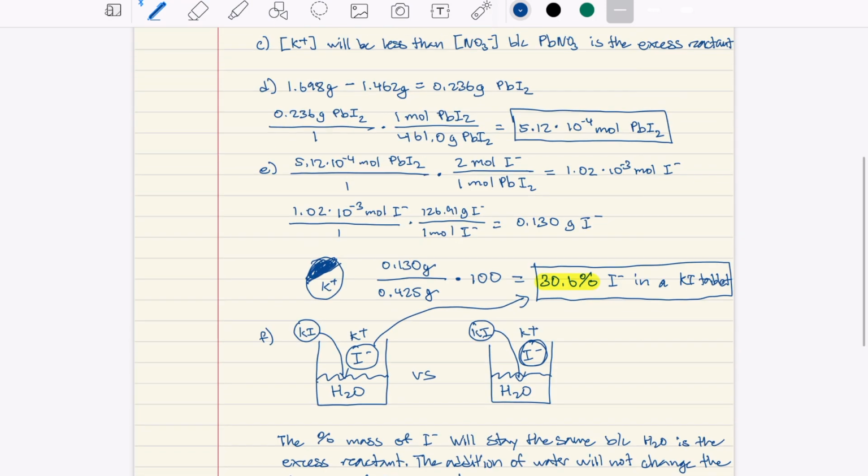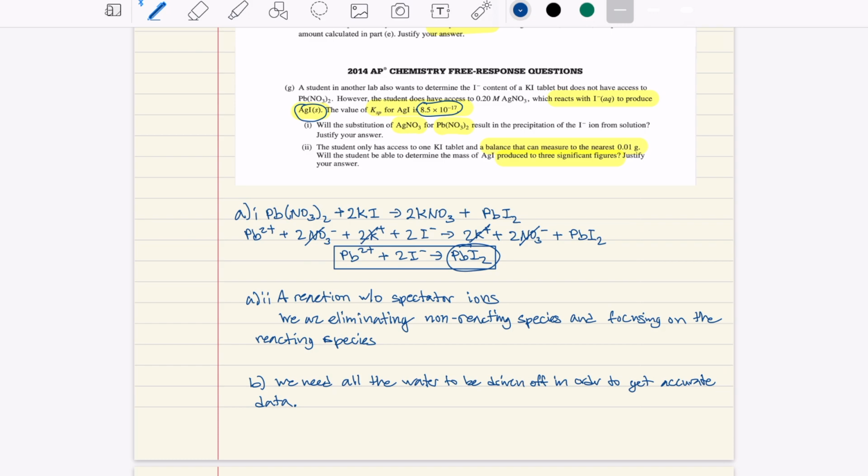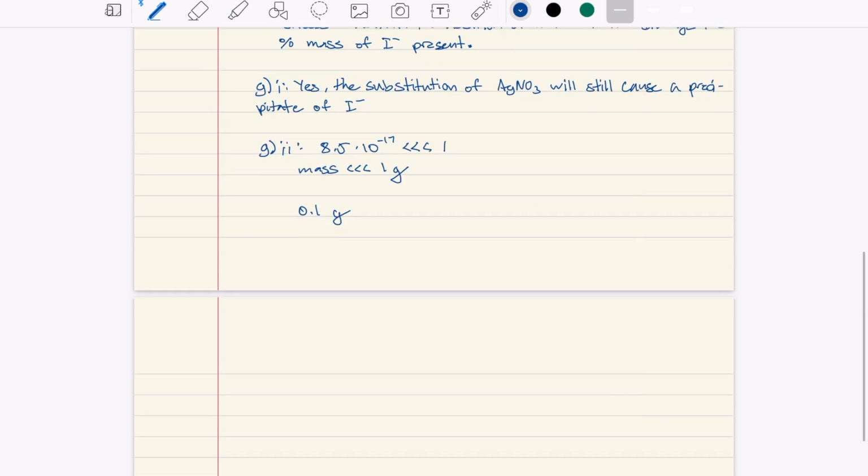Now going back to the question, the balance measures to the nearest 0.01 grams. So let's say this tablet is about 0.1 grams, and when we put it onto the balance, we get the actual measurement to the hundredths place. So it'll be like 0.11 grams.